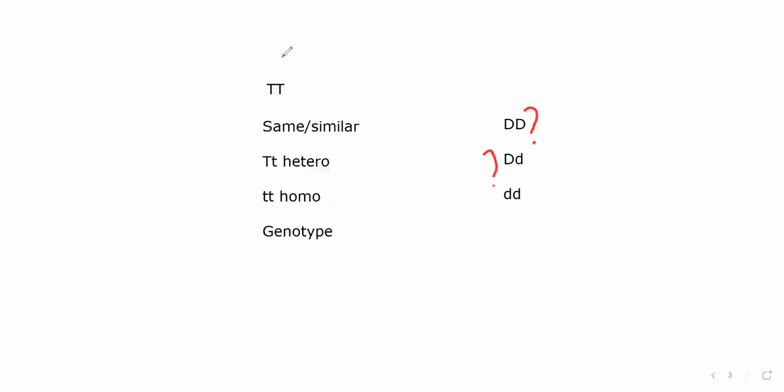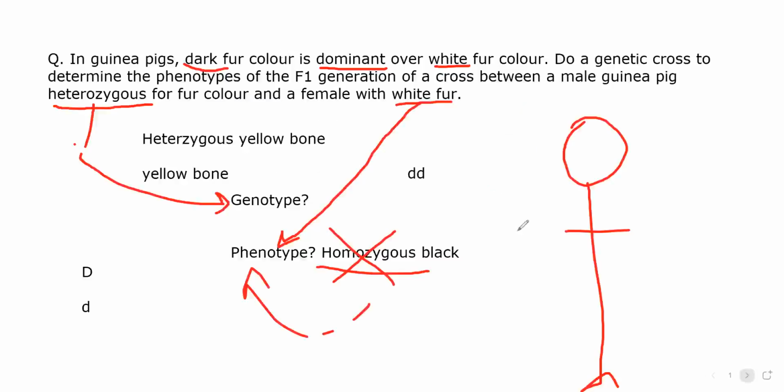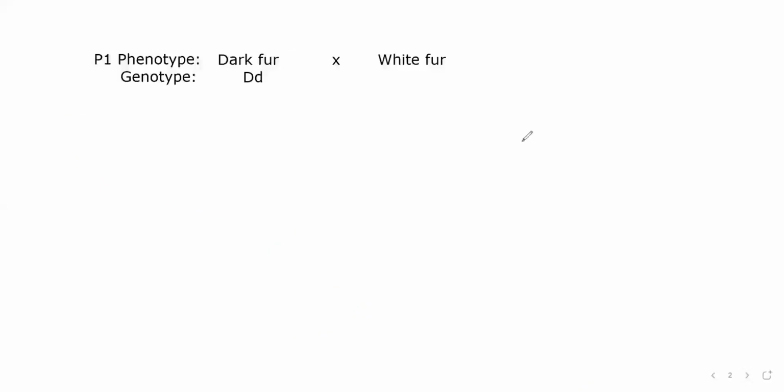That's why we carefully made sure that the genotype was stated by saying heterozygous. So our genotype for the female will be this one here, because it's the only possibility, the only thing that can produce white fur. So here we're going to write two small letter d's. Now, the reason why I started working out the genotype, especially for the male, before working out the phenotype, is because here is where we usually make errors.